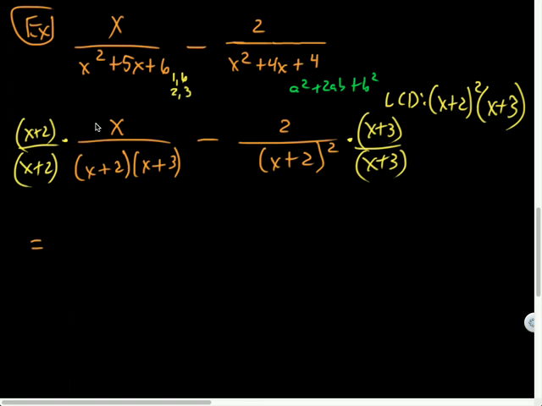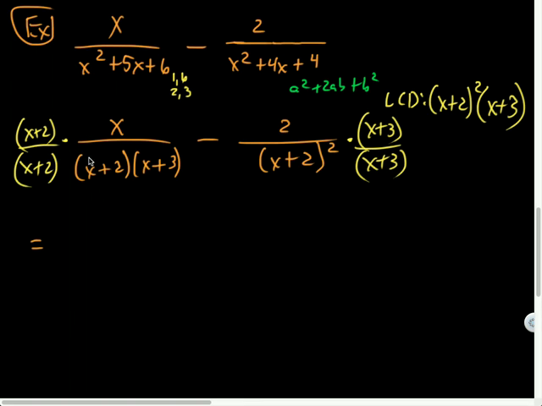Up top, I am going to distribute the numerators. The denominators I want to leave factored, because once I combine these, the denominator stays the same for the rest of the problem until I hit the simplifying step. But the numerators I'm going to have to combine.